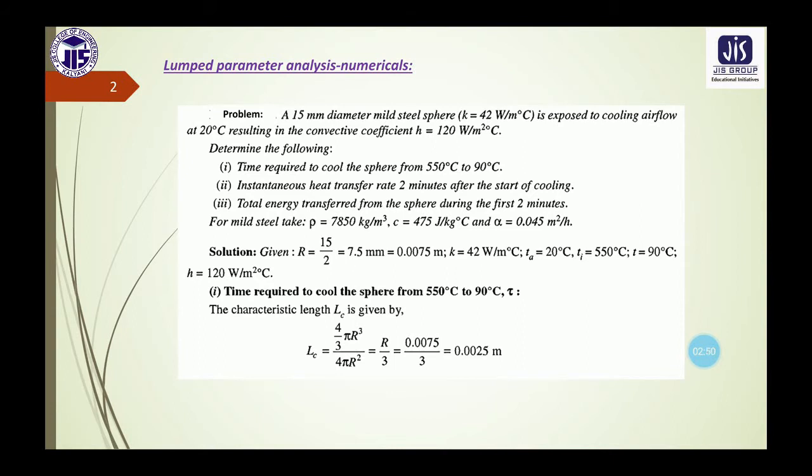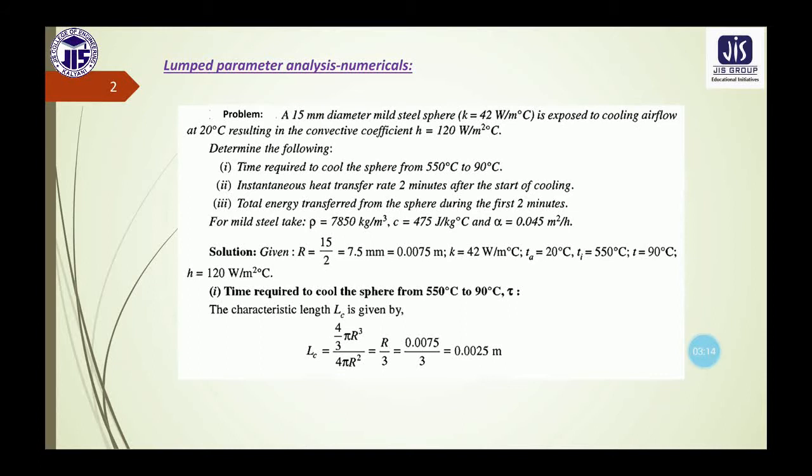The formula of the Biot number is hL by k, where L is the characteristic length. In that formula, the value of h is given in the question as 120 and k is given as 42. That means we first need to calculate the value of the characteristic length, that is Lc.